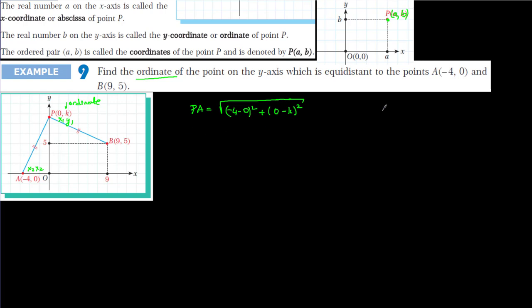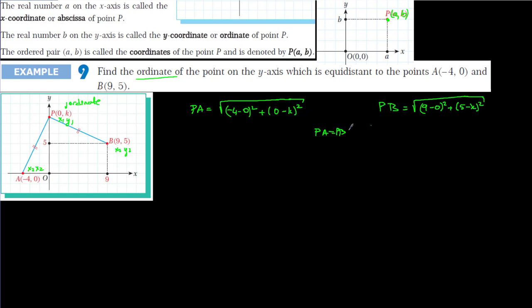And PB is equal to square root of (9 minus 0) square plus (5 minus k) square, because this time this is going to be x2, y2, and this is x1, y1. It has to be.